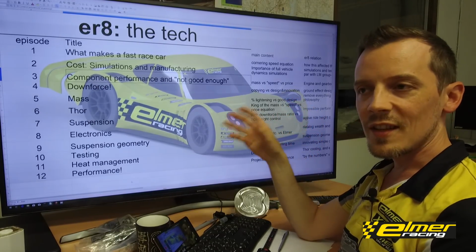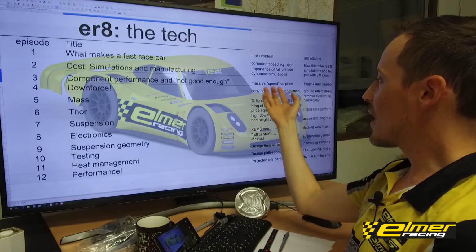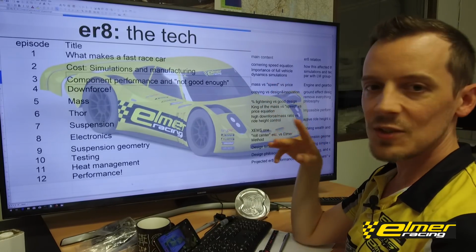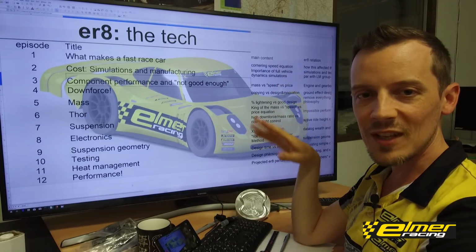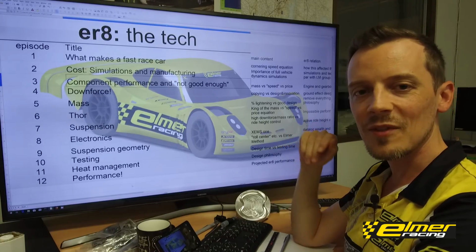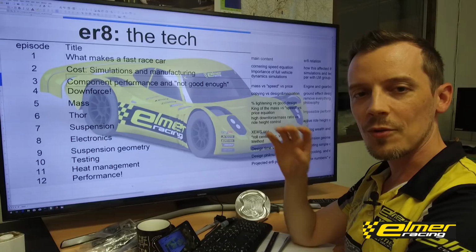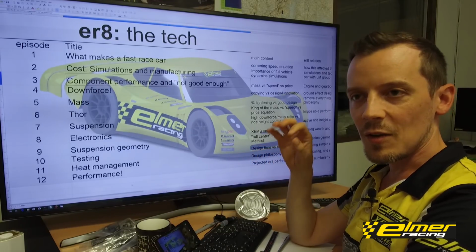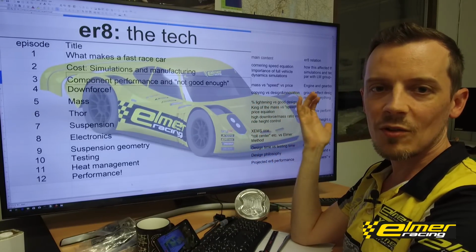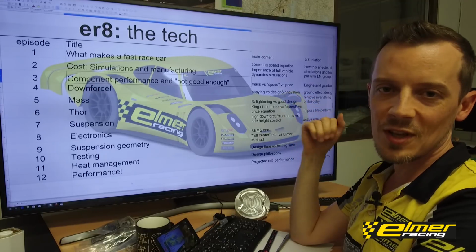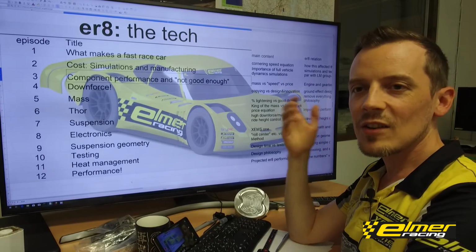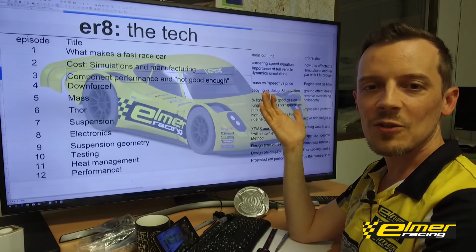So for instance, on the engine, if you just choose any 2 of these, then it's a very easy choice and it's not very difficult. If you're only looking at mass and how good the components are, for the engine you would just go for a V10 F1 engine or something like that, but that might cost you 10-20 million euros maybe.